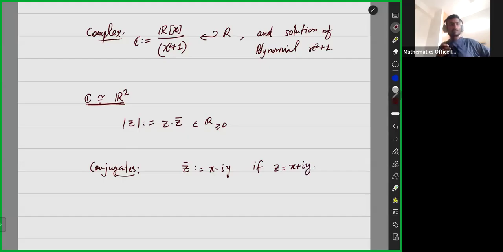We say that these two are conjugates of each other because for a real polynomial with real coefficients, when z is a root, z bar is also a root. That is why we say these two are conjugates of each other. They happen to be roots of the same polynomial, with real coefficients.